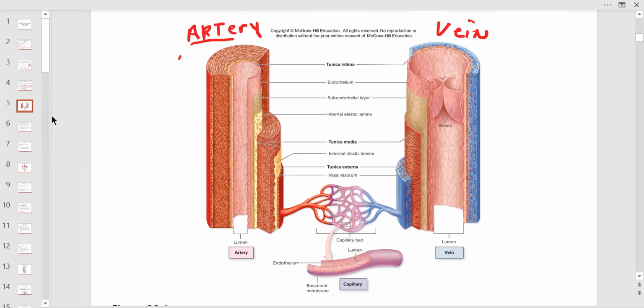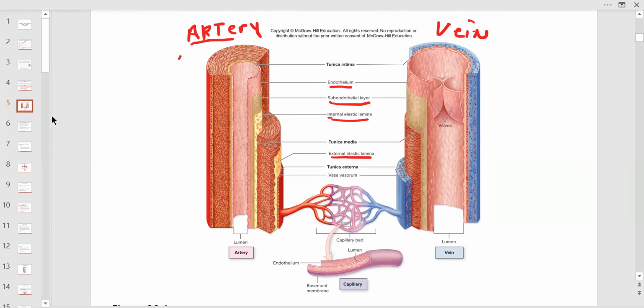So let's look at some of the differences. Both arteries and veins have an endothelial layer, which is tunica intima or tunica interna. There's always a subendothelial layer in both of them. And there's internal elastic lamina and external elastic lamina, which is elastic fibers that seem to have some compliance and ability to stretch a bit.